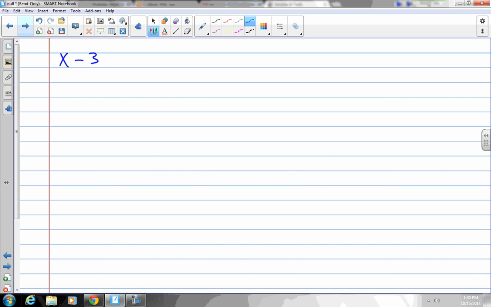(x - 3)/(x + 4) is greater than or equal to (x + 2)/(x - 5). Okay? So I want to get 0 on one end. And here's the thing about the inequalities.